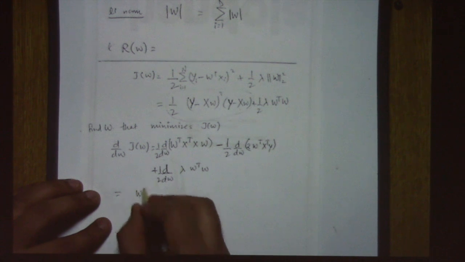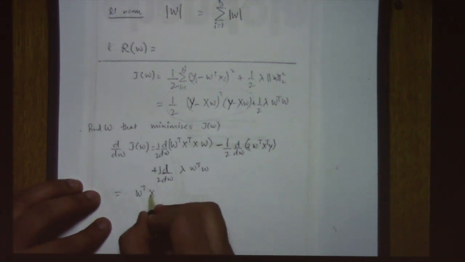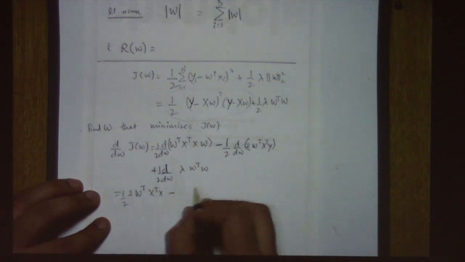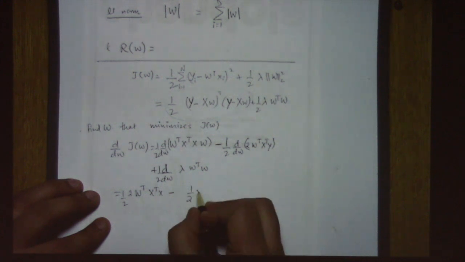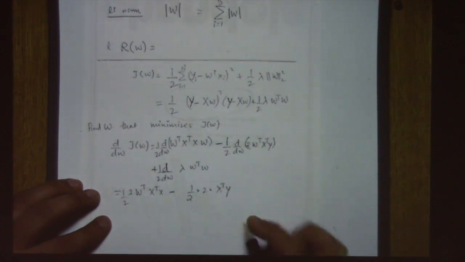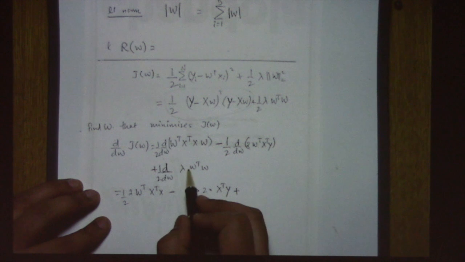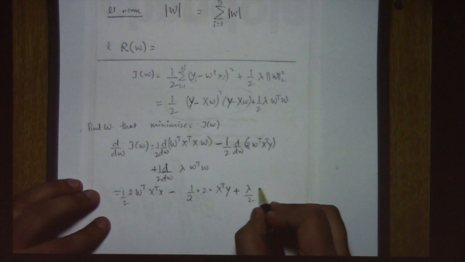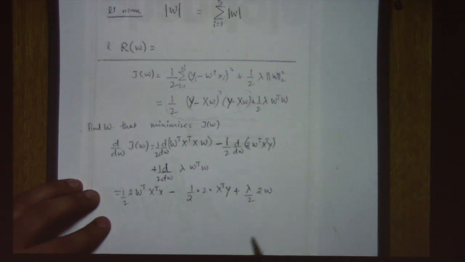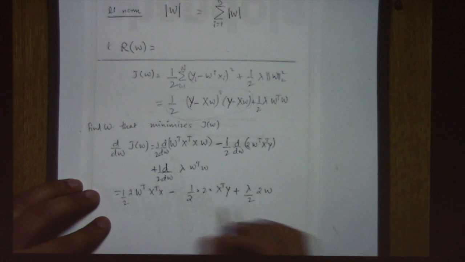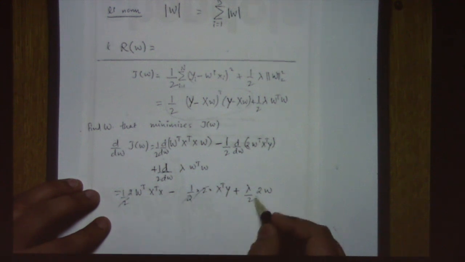This looks like W transpose X transpose X, twice of that, minus half times 2 times X transpose y, plus lambda, which is constant, goes out, and the derivative is 2 times W. So what will happen is all the twos will go away.